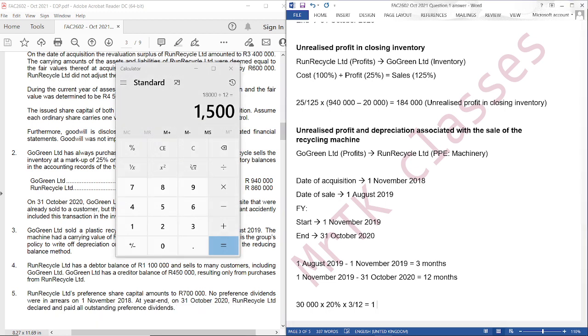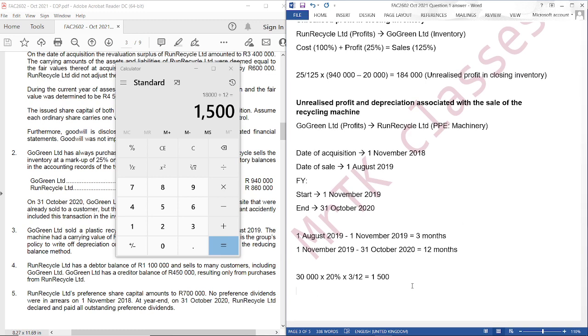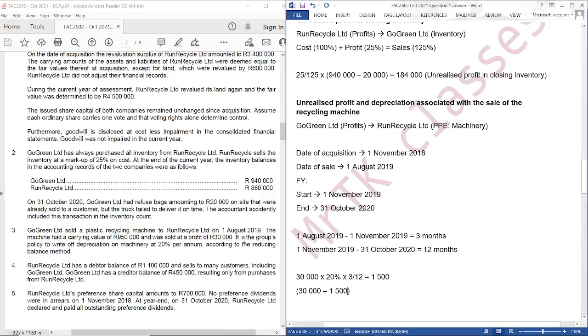1,500. Okay, let us calculate depreciation for 12 months. We are going to say 30,000 subtract 1,500. The reason being we are using reducing balance method, right?